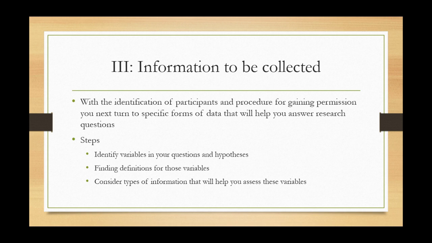You can have what we call attitudinal measure. This is very popular for studies such as surveys, correlation, and experiments. You measure attitudes of individuals that we call attitudinal measures. We have another type of information that we collect from individuals, behavioral observations.